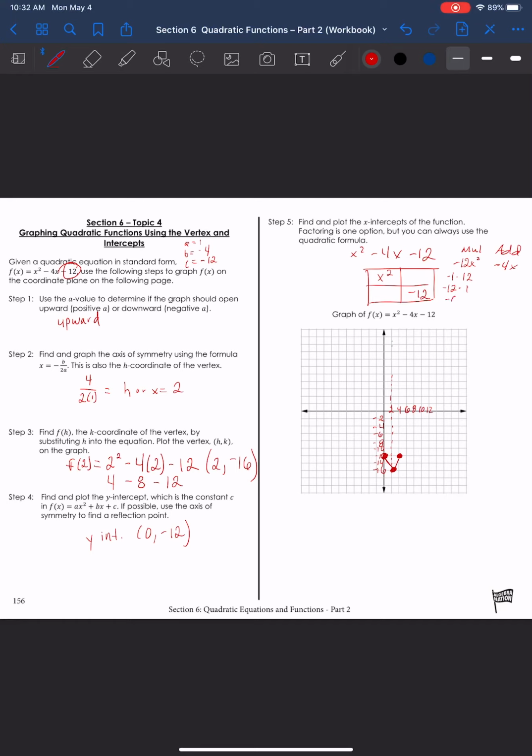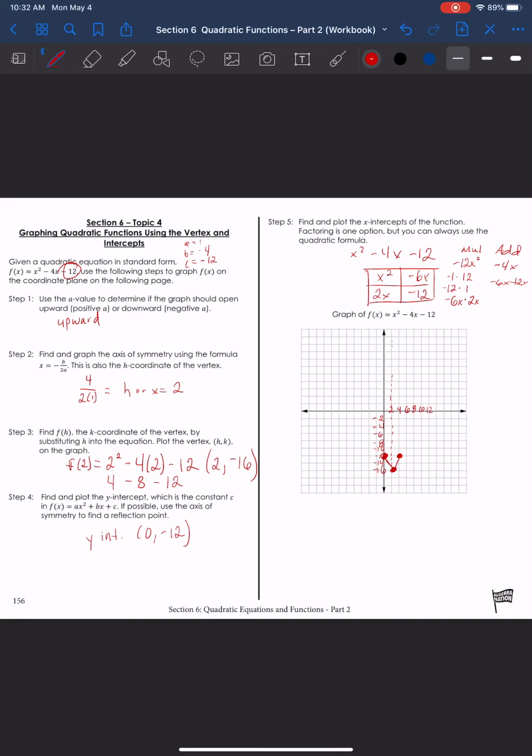But if I do negative 6x times 2x, that would give me that. And then if I add negative 6x plus 2x, that would give me a negative 4x. So I'll use negative 6x and 2x. And again, the order in which you put those in the boxes does not matter, but your leading term needs to go in the top left box, your constant needs to go in the bottom right box.